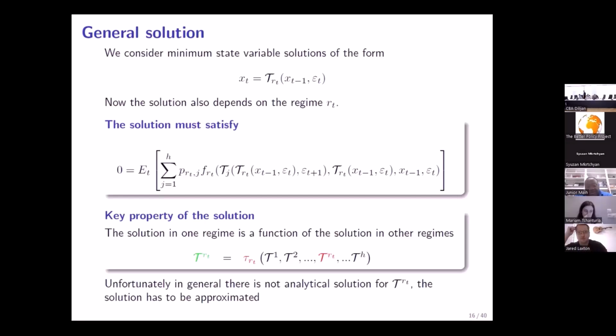And why is that so? Well, could it be the case that there exists a regime, let's say the accident regime, that we do not want to visit, and it is because we form expectations over such a regime that in normal times we drive carefully, which means that what we expect about the future influences our behavior today. And this is a key property of this type of solutions.